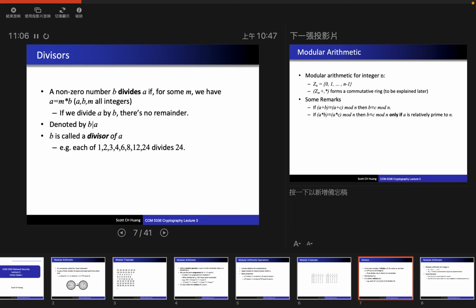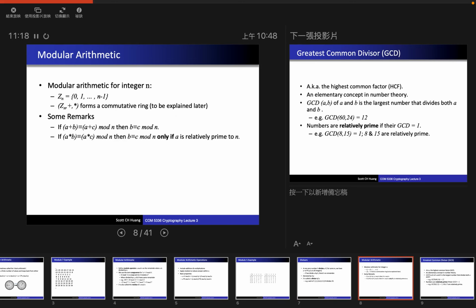Anyway, just to make sure that we're using the same language: B divides A. A is divided by B. So for modular arithmetic, we can consider this. Now consider modular arithmetic of 12. We already know that.